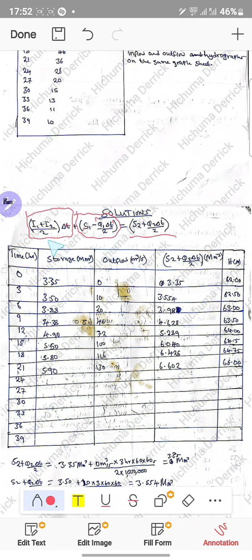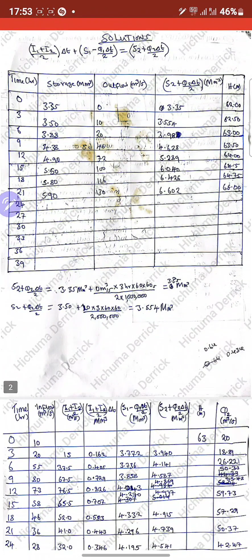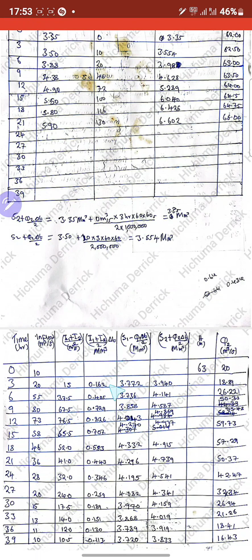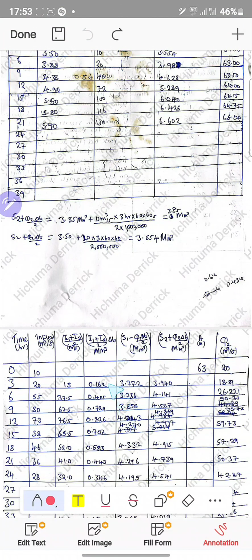So everything here is known. To find this unknown part, we just add them the way they are. We have just calculated this part here, and then from the initial conditions we have this value. Then we just add this plus this, we get the unknown.